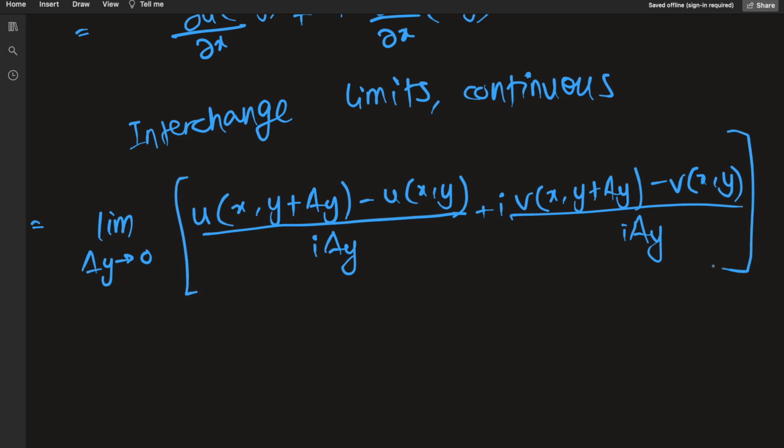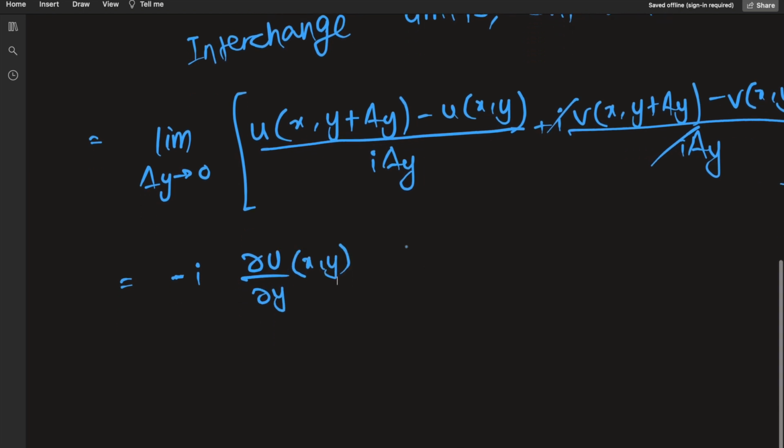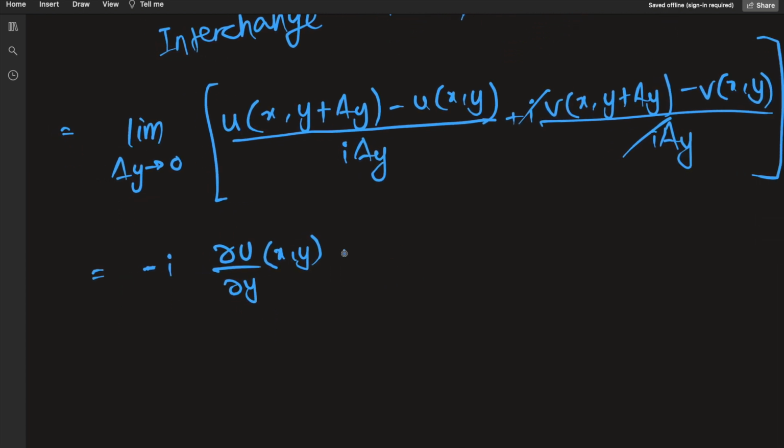Bracket it out, the i is gone, you have negative i, and now notice the first term is just the partial derivative of u with respect to y evaluated at x y, plus, now the i is cancelled out, here it was 1 over i, which is negative i, the partial derivative of v with respect to y evaluated at x y.